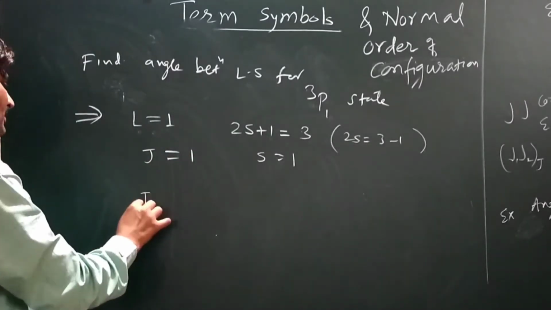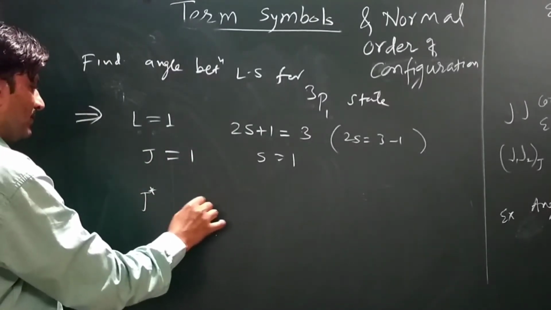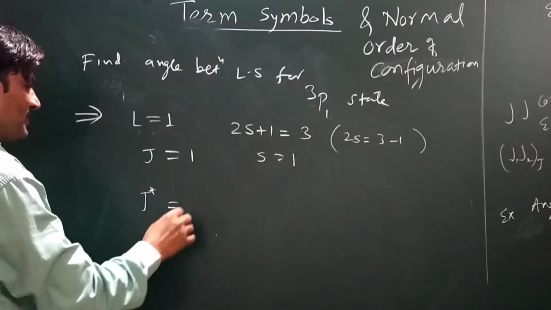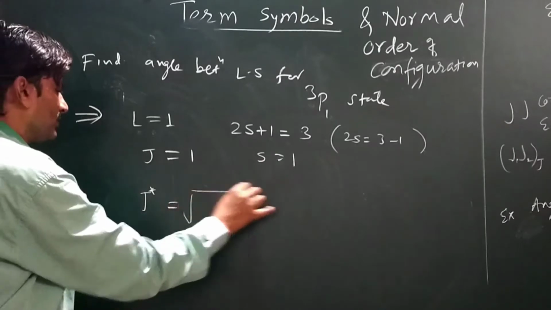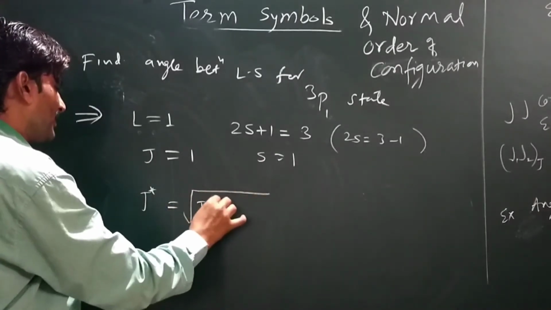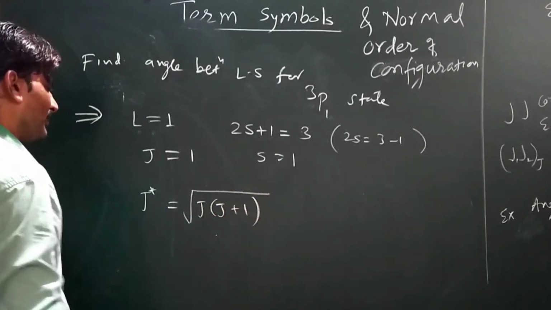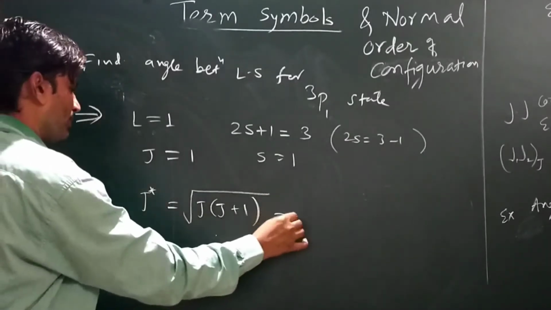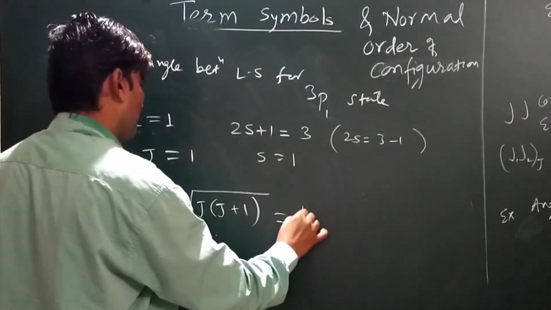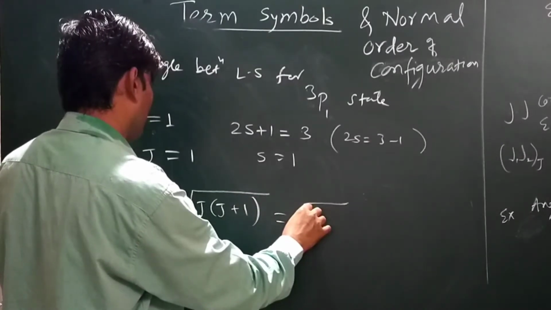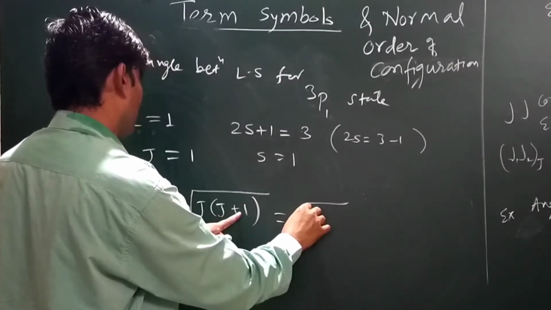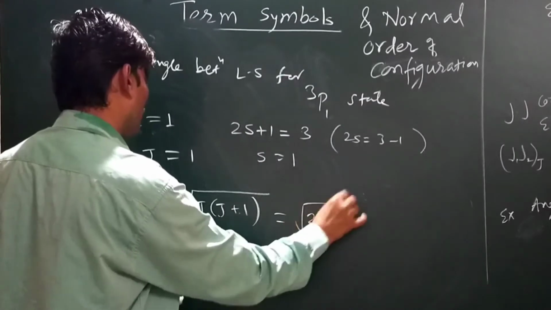Now we can write J star. So the J star value is nothing but the square root of J plus 1. The value of J is 1, so 1 plus 1 is 2.